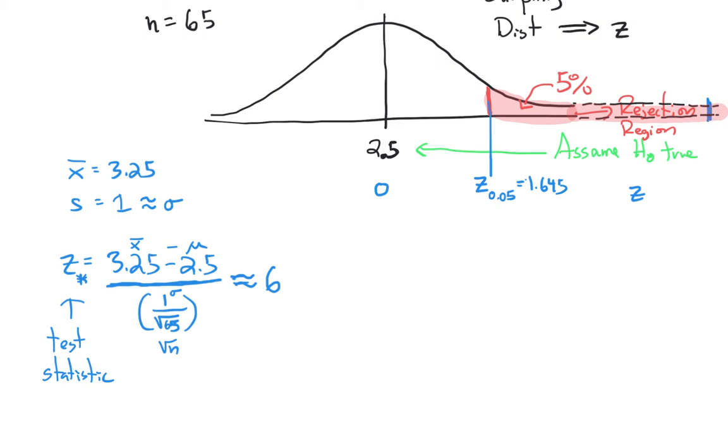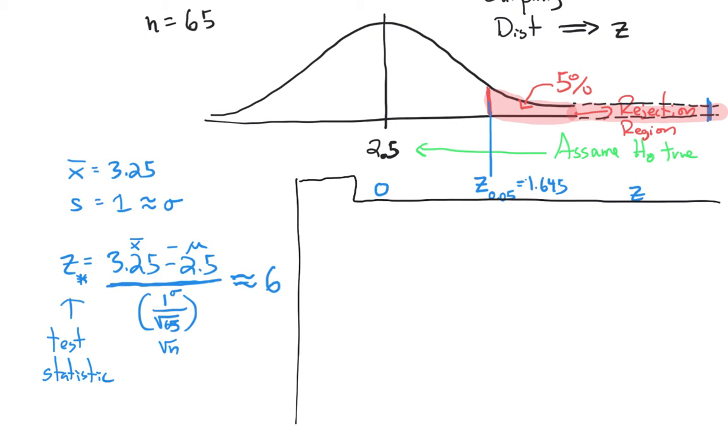So we think that this is evidence at that 5% level of significance to say that the mean indeed isn't 2.5 hours or less. It's in fact more than 2.5 hours.